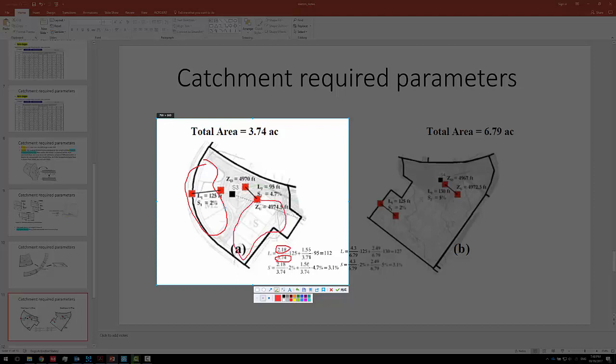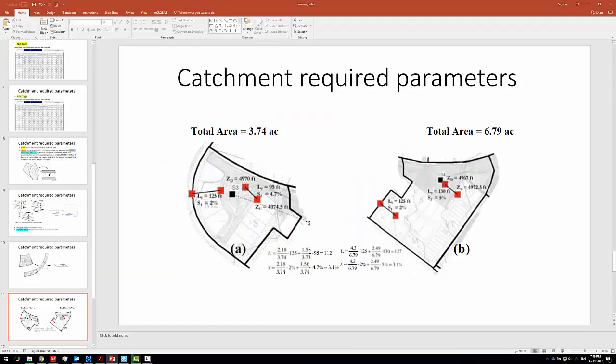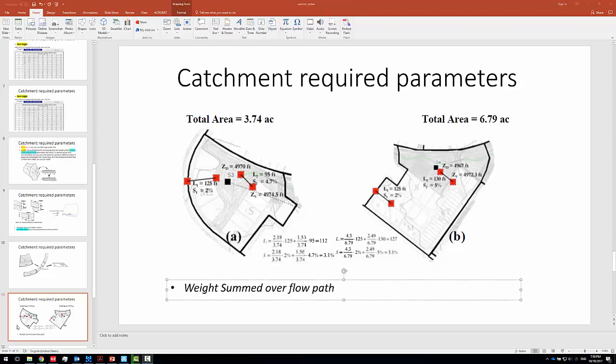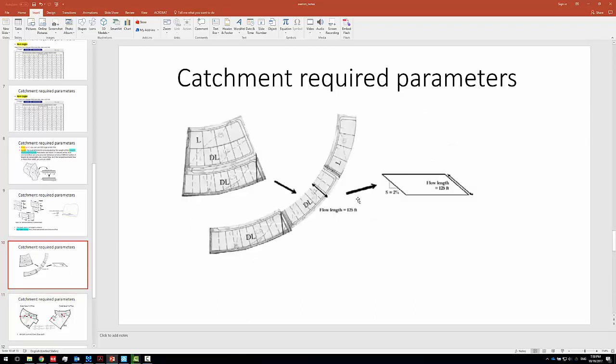So 60% of the length of this one, and the other percent is the length of this one. So it's like a weight. This is what we call the weighted overflow path, based on the average of the area you control. The same with this one.